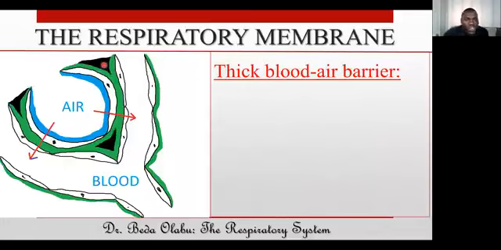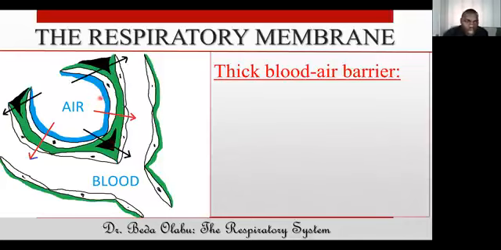Those regions where the two basal lamina are not fused are filled with interstitial tissue. And so the regions through those segments are the ones that constitute the thick blood-air barrier. So the black arrows represent the thick blood-air barrier.